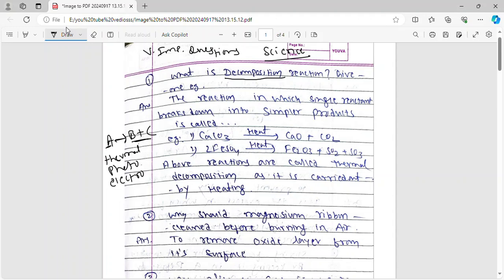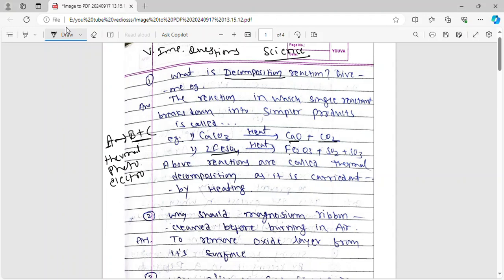Like here, calcium carbonate, limestone, is heated to form calcium oxide, and carbon dioxide is liberated. Iron sulfate, which is green in color, when heated forms Fe2O3 plus sulfur dioxide and sulfur trioxide, and these gases are liberated. So this is coming under which reaction? Decomposition reaction.